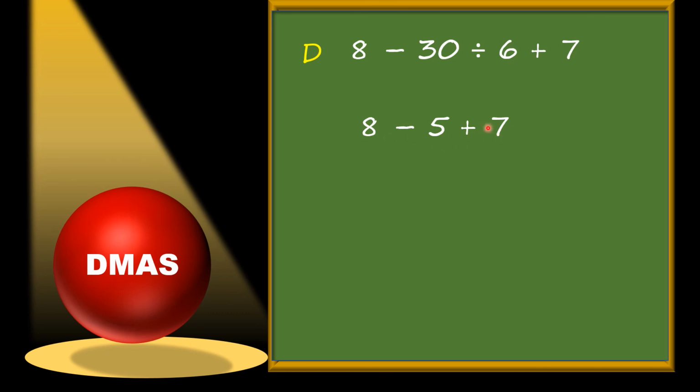Either we need to add 7 in 8 or we need to subtract 5 from 8. So what we will do first? According to this rule, we will do addition first. So we will add 7 in 8 and what we get? Yes, we get 15 minus 5. Now here is only subtraction. At last we used to do subtraction and our answer will be 10.